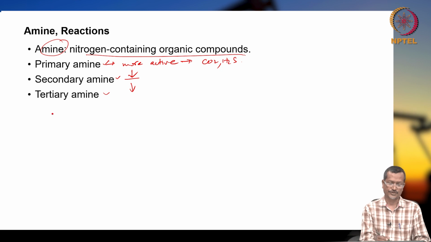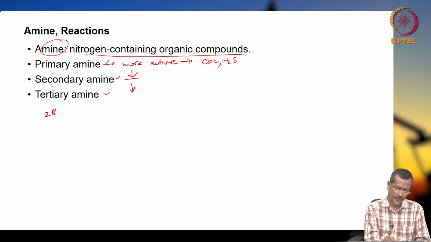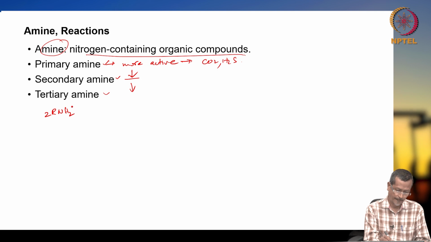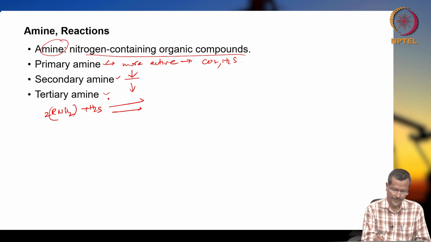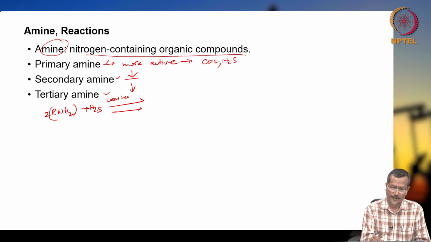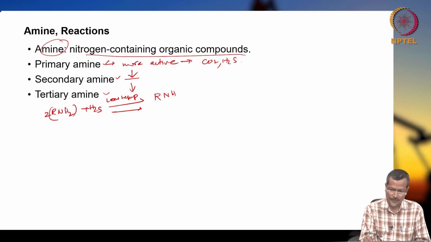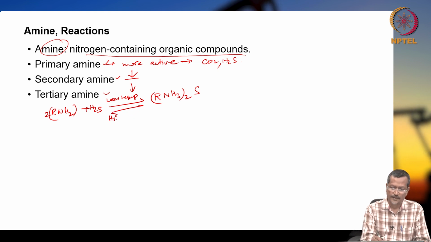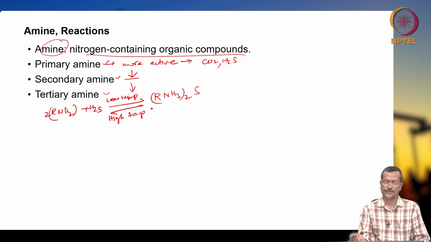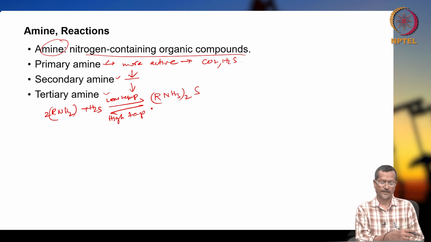So, what is the reaction? The reaction is like this: 2RNH2 plus H2S gives (RNH3)2S at low temperature. At high temperature, the reaction will be opposite. If you increase the temperature, you again get the original amine.